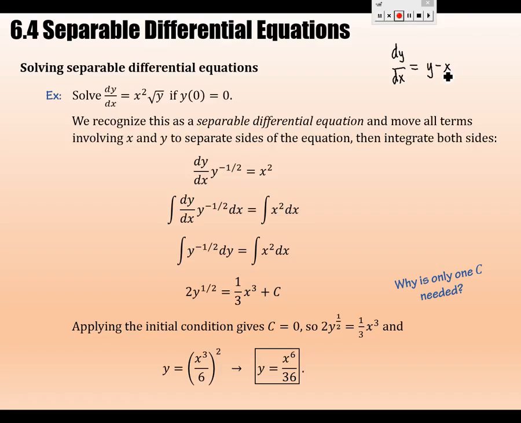I hope you see why that is in fact not separable, right? Because if you try to do what we've just talked about here, you might be thinking, well, I could move the y's over to one side and the x's over the other. But then when you multiply through by dx here, you're going to have another dx on the y, aren't you?